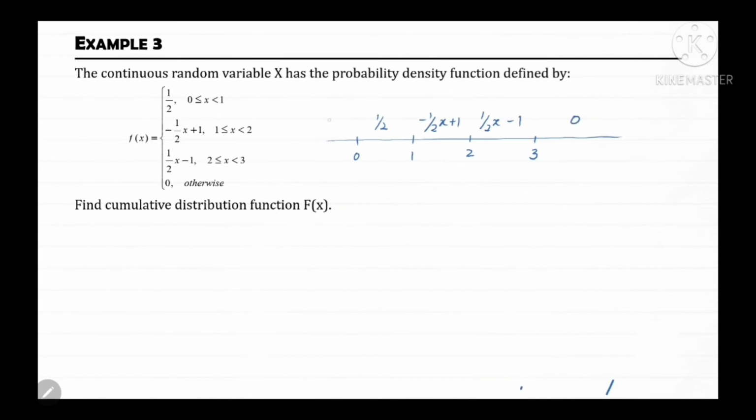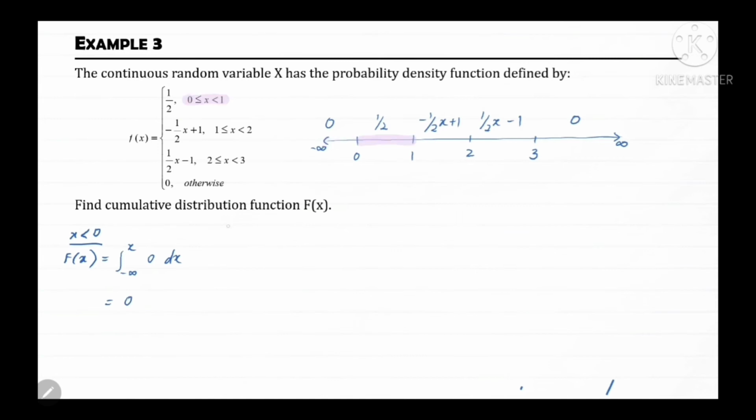And 0 otherwise. So the first function is from negative infinity up to infinity. The first function is for x less than 0. So for x less than 0, the cumulative function is from negative infinity up to x, of 0 dx. So integrate 0, we get 0.